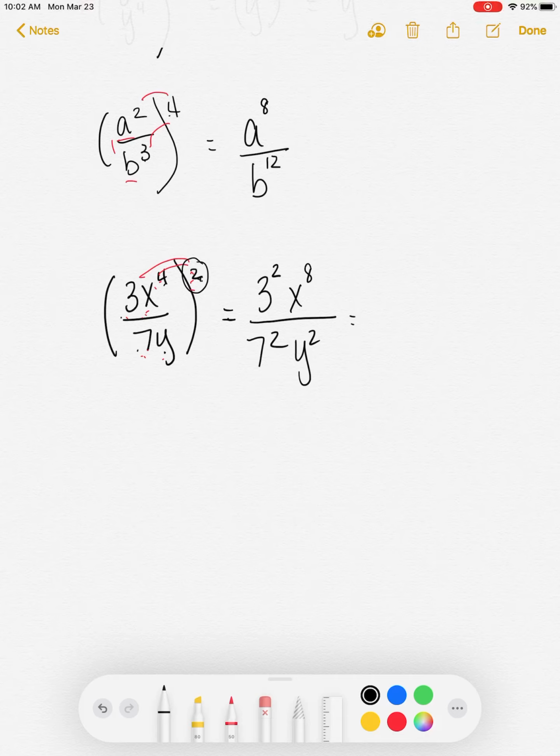So let's do a little simplification here. 3 squared is 9, so 9x to the 8th divided by 7 squared, which is 49, and then y squared. If my coefficients would simplify, I would simplify those, but they have no common factors, so I'm going to leave it like that. My bases are not the same, so they don't combine in any way.